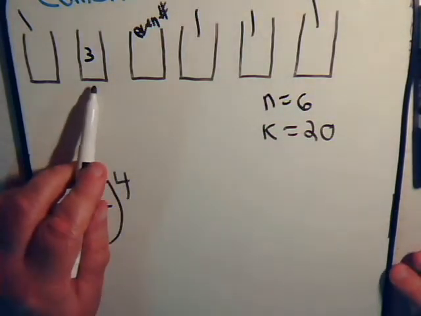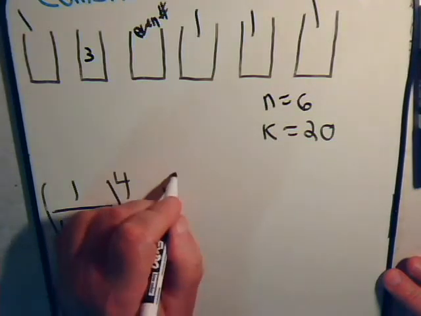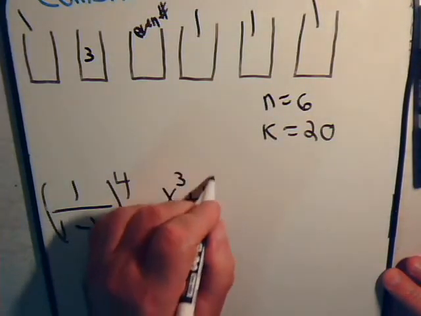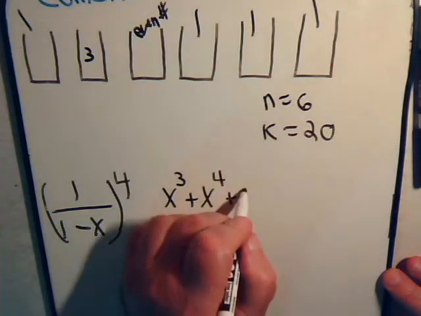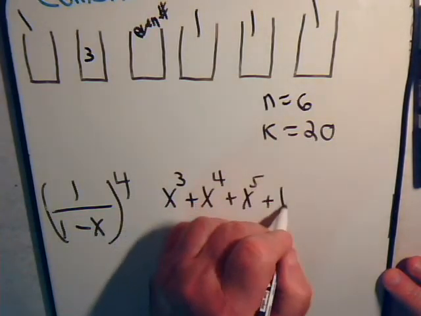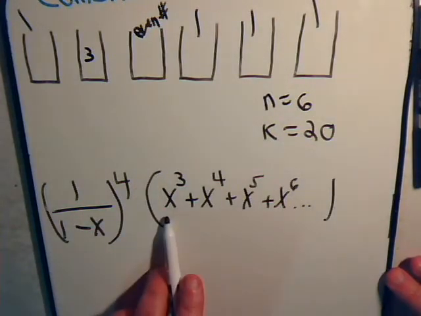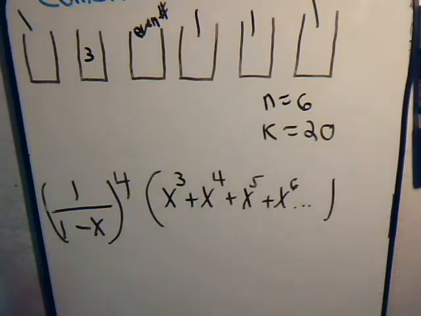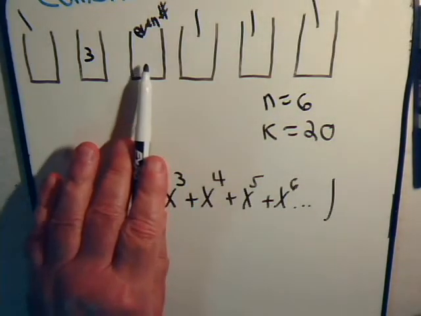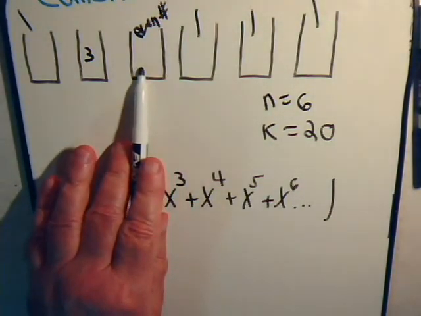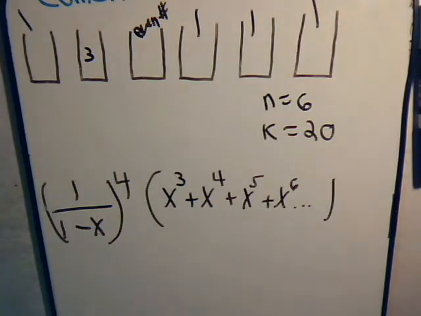Now the generating function for this one is x cubed plus x to the 4th plus x to the 5th plus x to the 6th, and so forth. Notice we do not start with 1, because 1 means that we have the option of not selecting anything from that barrel. No, now the restriction is we have to take at least 3 from that barrel. And from this one here, we also have to include every time an even number from that barrel.